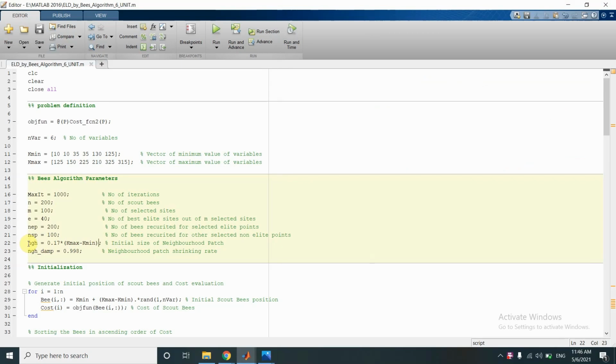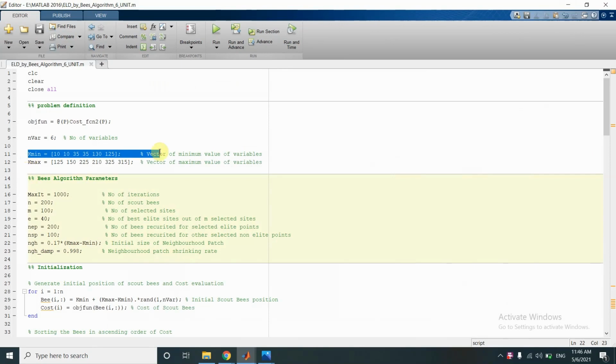Now, two other very important parameters of our bee algorithm. NGH, which is equal to 0.17 times (Kmax minus Kmin). It is the initial size of the neighborhood patch, or we can say it is the initial radius of the neighborhood patch.